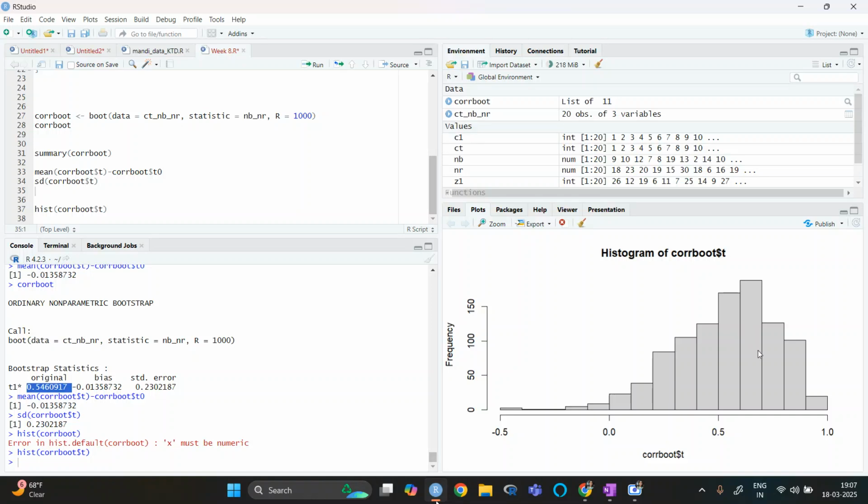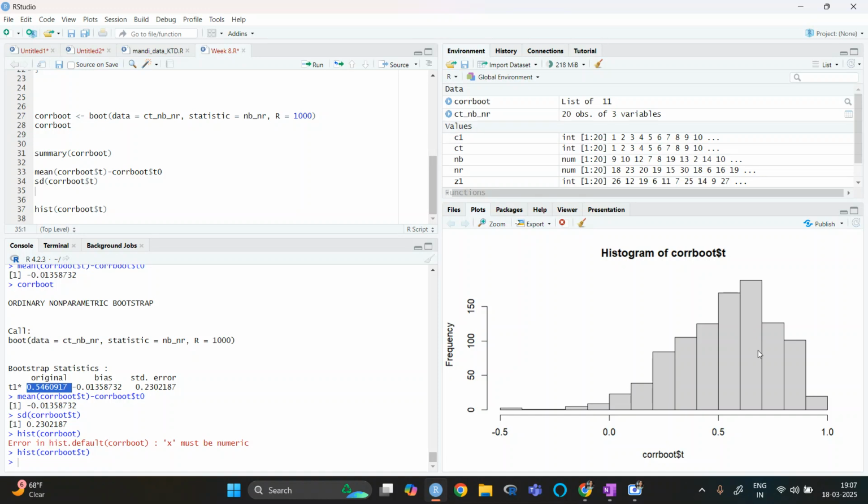Now what does the percentile method do? Since B is a very large number, percentile basically means, like with quantiles you divide into four parts, with percentiles we divide into 100 parts, and you just remove the first 5 and then the last 5.